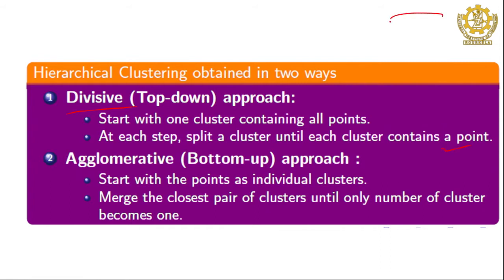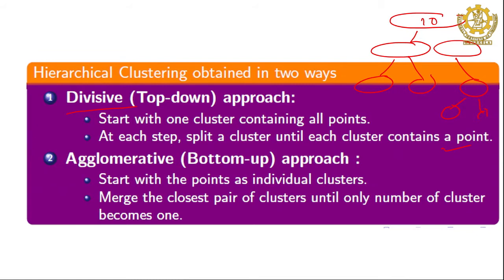So, you start with let us say 10 points in a single cluster, then you will have 2 clusters. Obviously, the number of points will remain the same, they will be divided between 2 clusters. Now, from 2 it will form let us say 3 clusters, and then from 3 it will form 4 clusters and so on, until each cluster contains a single point.